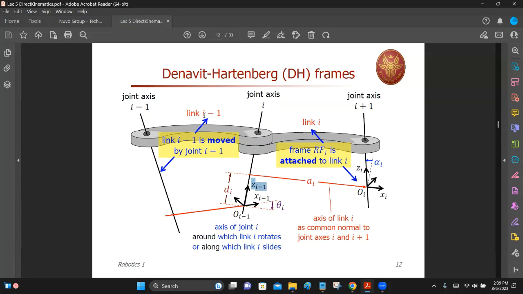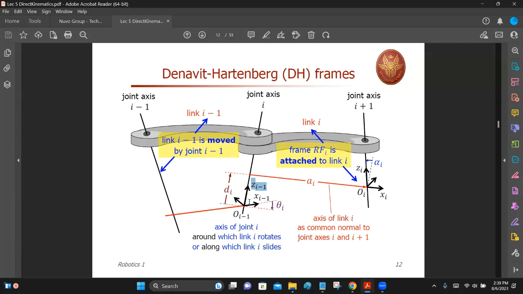And also link I minus 1, this one, if you extend that line, it is x I minus 1. So the coordinate frame needs to have x, y, and z. But if you know two of them, you don't need to know the other one. It's automatically aligned. So therefore, we only consider z and x here.